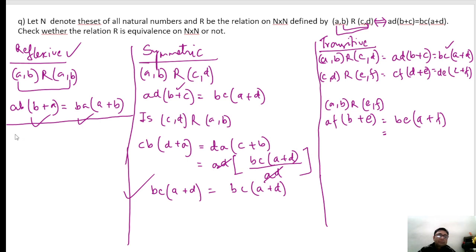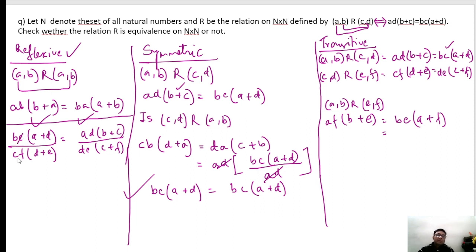See, BC by A plus D by CF by D plus E, and this side with this side, AD by B plus C by DE by C plus F. So what we are getting?